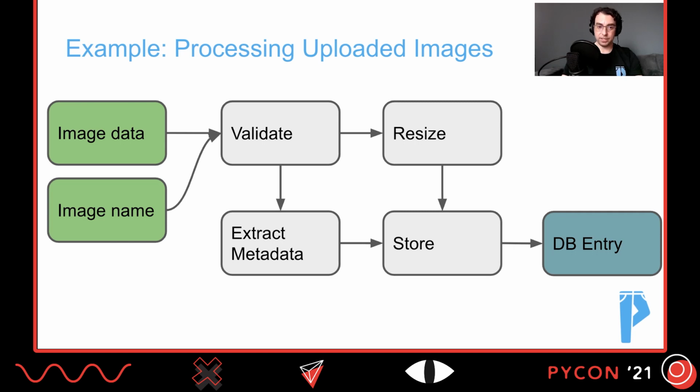There are dependencies between these tasks, so a task can require as input the output of some other task, and that imposes a dependency relationship, which form edges in this graph. Now, there's a set of initial inputs to the entire workflow. Those are the nodes colored in green in this diagram. And there is a final output to the entire workflow, which is the node colored in blue in this diagram.